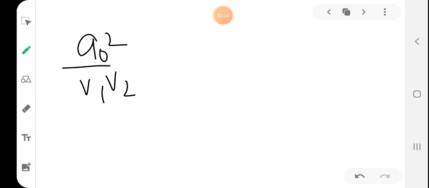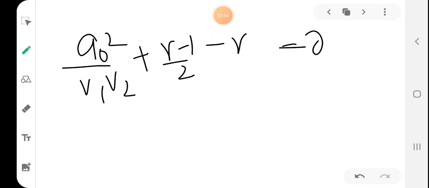Okay. So B is nothing but A0 square by V1 V2 plus (gamma minus 1) by 2 minus gamma is equal to 0. Right?